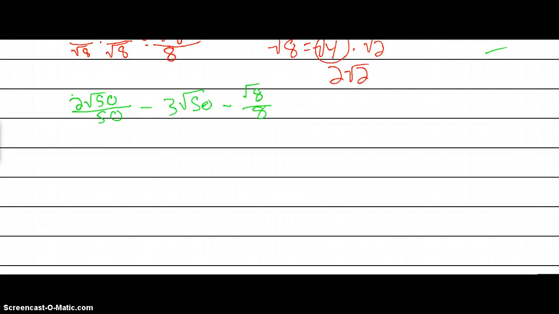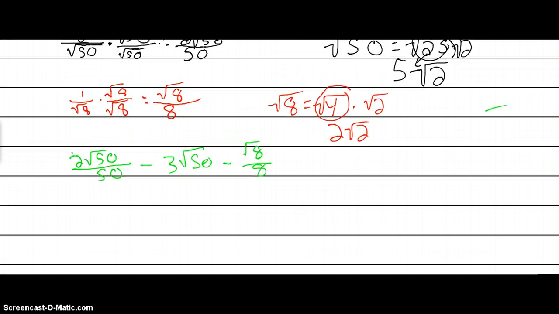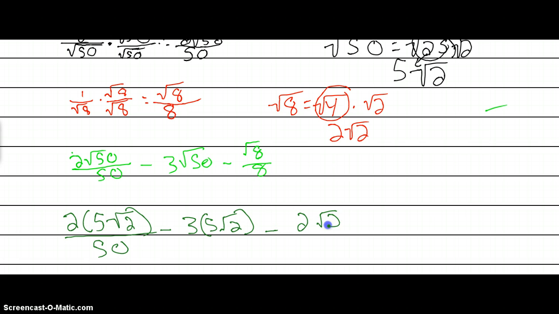Well, since we already know this stuff, we said square root of 50 is 5 square root of 2. So we're going to rewrite it. It's 2 times 5 square root of 2 over 50 minus 3 times 5 square root of 2 minus 2 square root of 2 divided by 8.